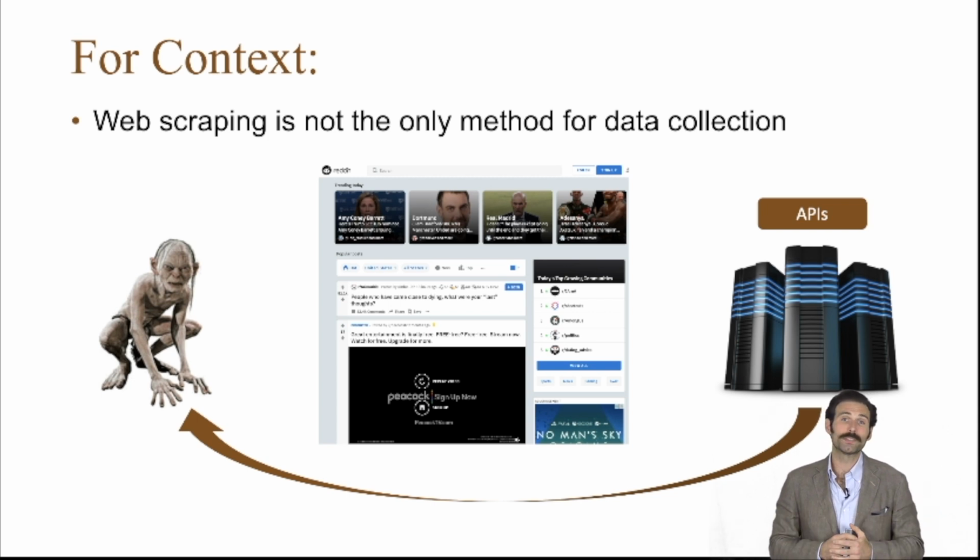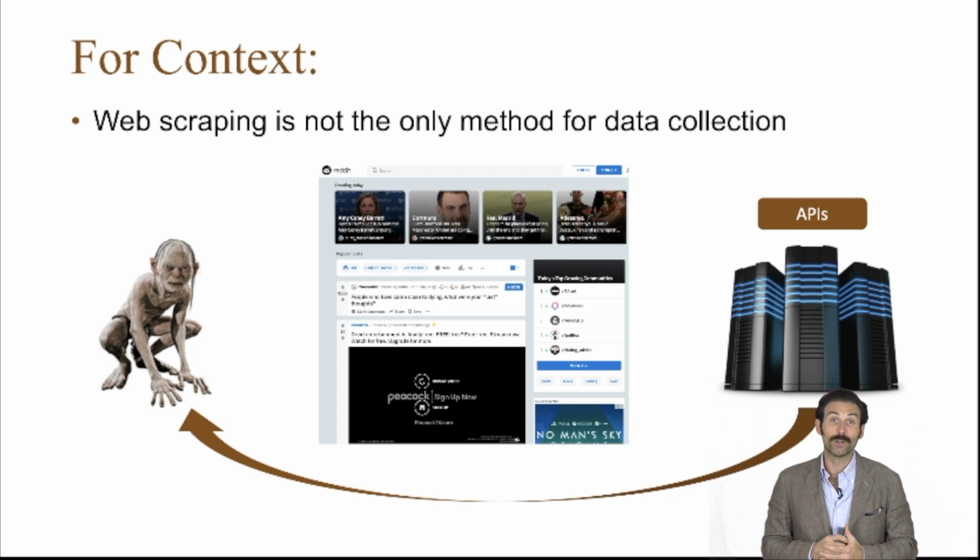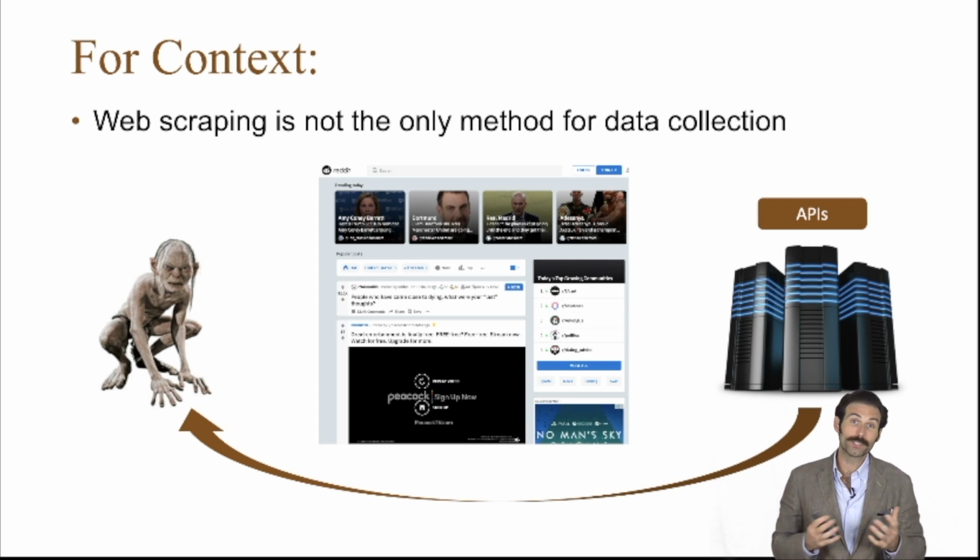But the problem is that with all the privacy scandals around Cambridge Analytica and disinformation, most of these APIs have been blocked for research use. And so most people who are interested in collecting data from the internet are actually moving over to web scraping. It's an older method, but one that is becoming more and more popular today.